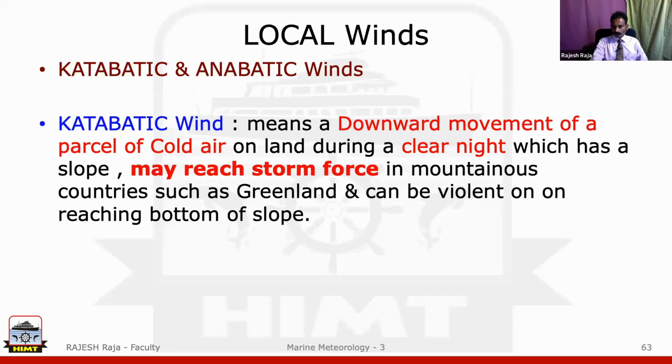It uses gravitational force on the land slope. By the time it reaches the surface of water, that means just the beach, it might reach storm force depending on how much speed it has achieved by the time it came.